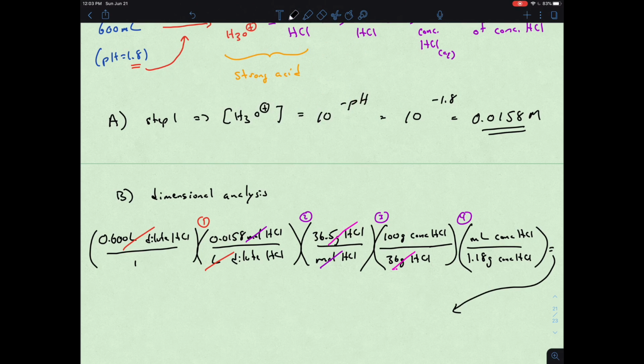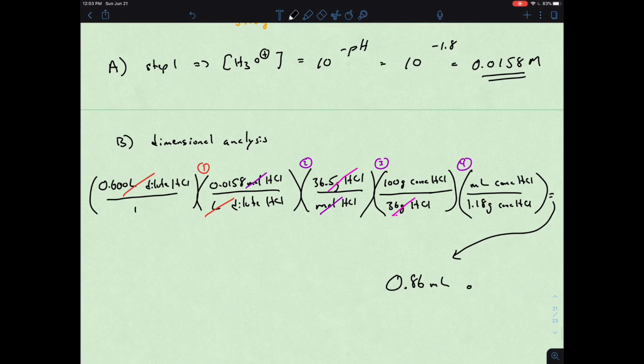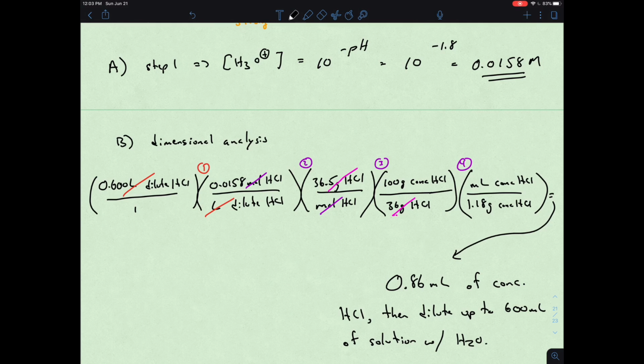And we end up with a volume of 0.86 milliliters of concentrated HCl and then dilute up to 600 milliliters of solution with H2O.